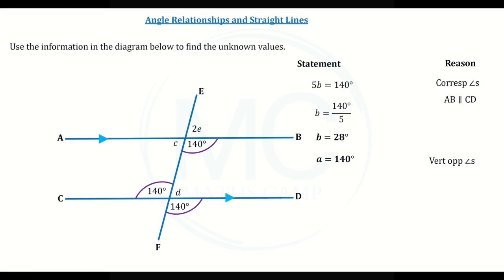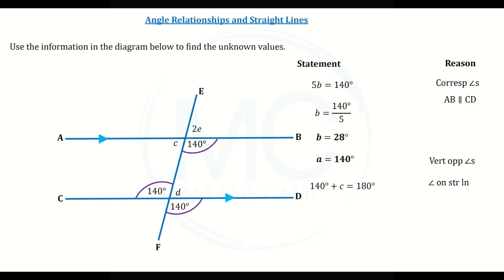Next, let's look at angle C up here. It lies on a straight line along with an angle of 140 degrees. We know the sum of the angles on a straight line is equal to 180 degrees. So 140 plus C is equal to 180 degrees. As our reason, we write angles on a straight line.